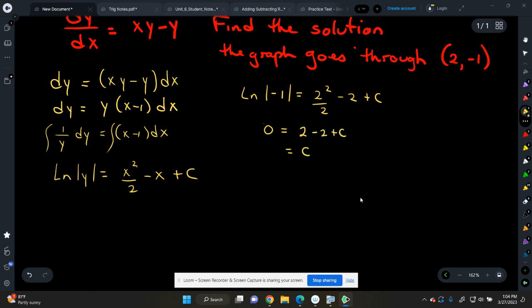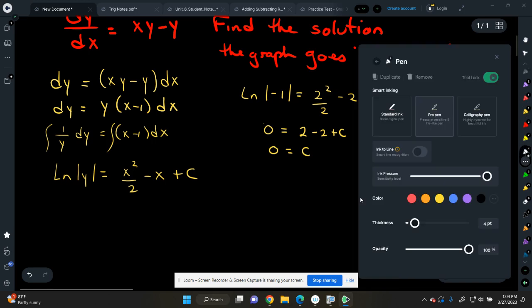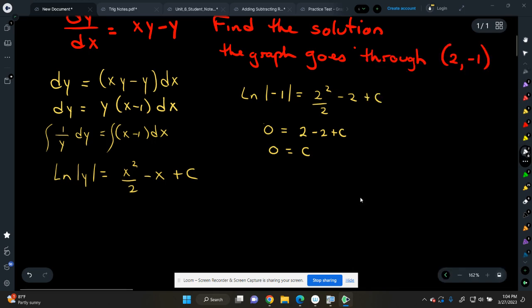So c equals 0. Oh, I got it. Everybody okay? I just need to catch up with my writing because I had to erase them.